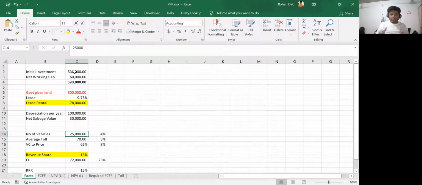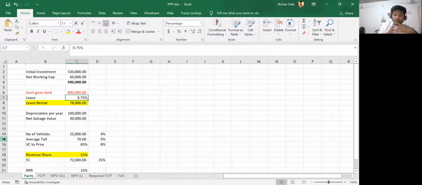From whatever toll we get, 65% of that is variable cost, and 15% of that we have to share with the government. Okay, so the government is getting two things: it is giving us the land for a lease, and also getting a revenue share. Now the government can do multiple things over here. They can say, okay, you don't give me revenue share, you give me a lease.